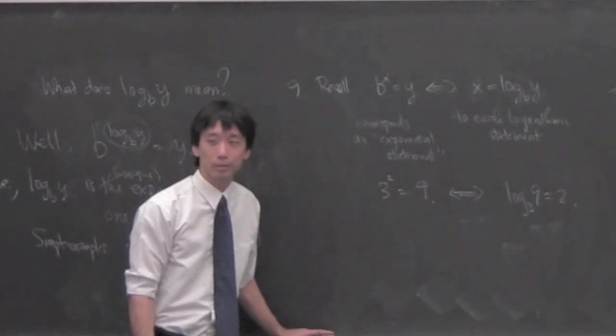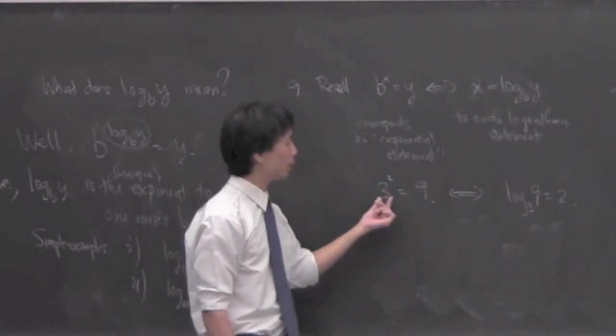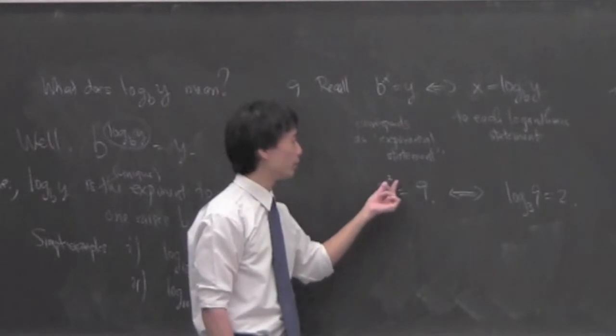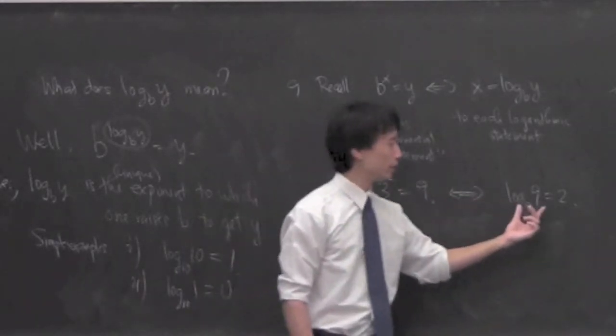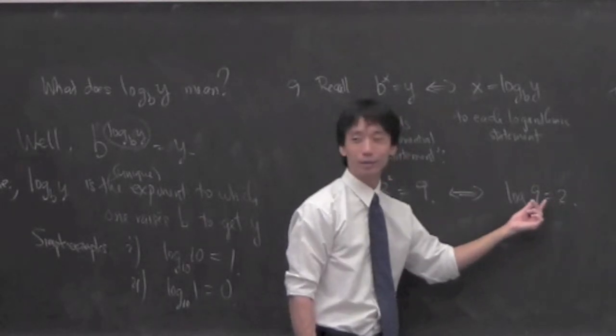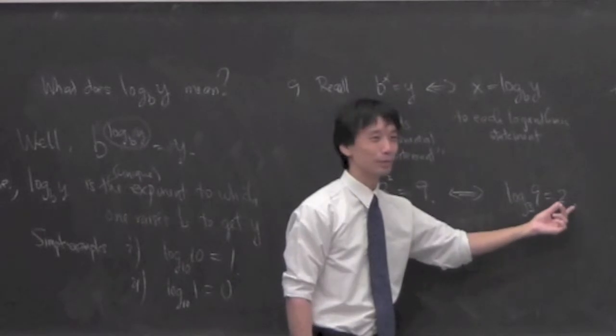Is that clear? That these are basically the same two statements. 3 raised to the power 2 is 9. The power to which you raise 3 to get 9 is 2.